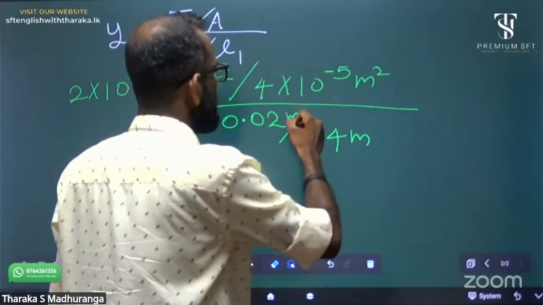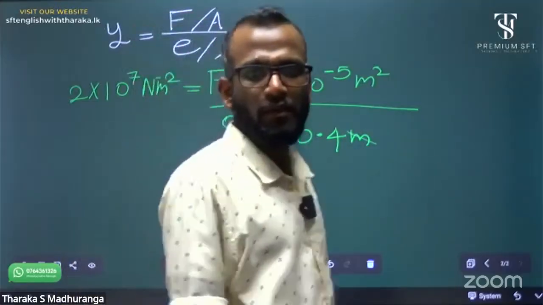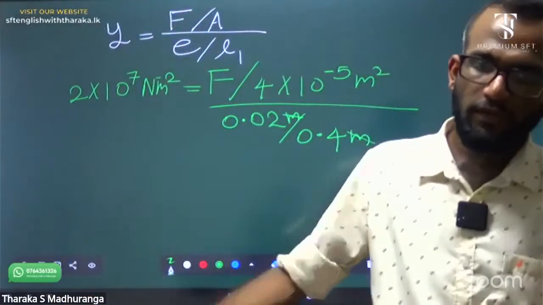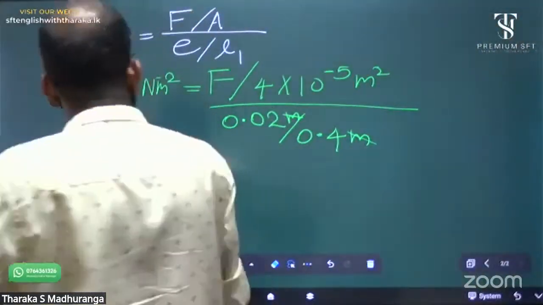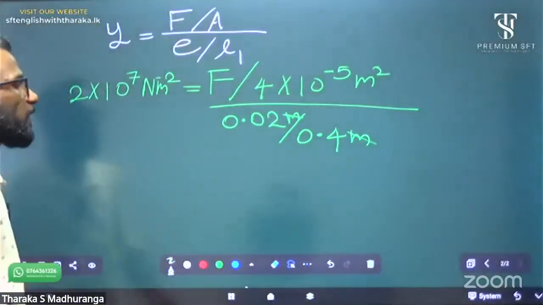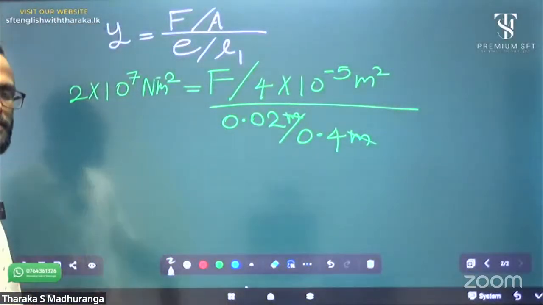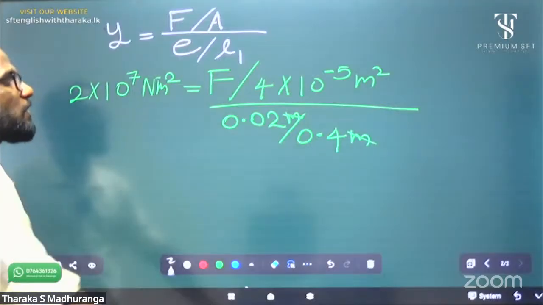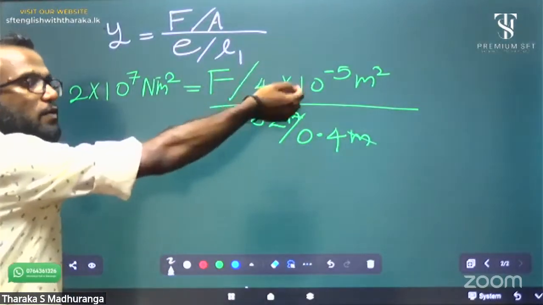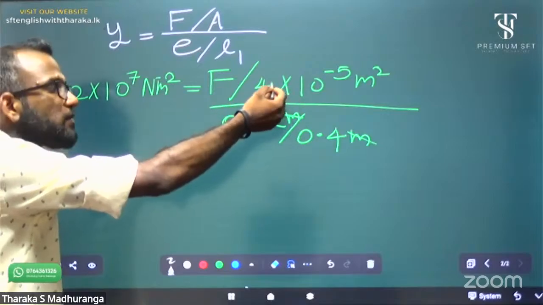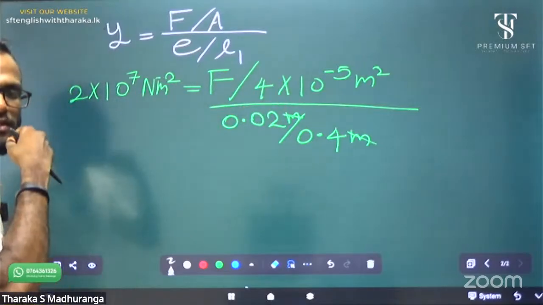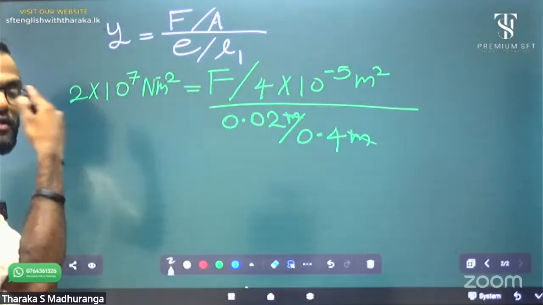Meter to meter cancel out. Now you can isolate F. That's all. Understood? That's why in the previous part we have to get square meters, then you can directly substitute. If not, again we have to convert.